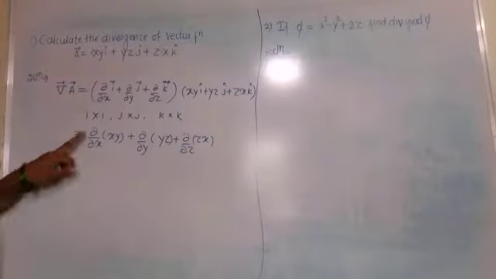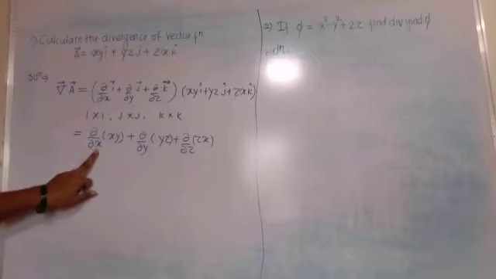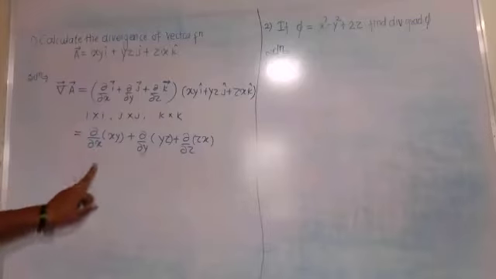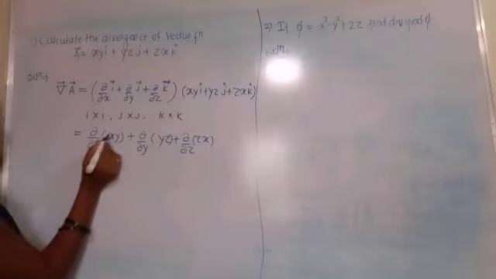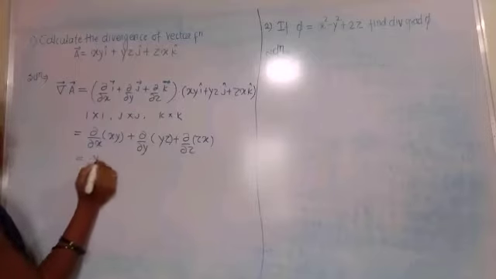We know that del by del x of x is 1, and here the differentiation is only with respect to x, so y is constant. Differentiation of a constant gives the constant value. Therefore del by del x of x into y means 1 into y, we get y.